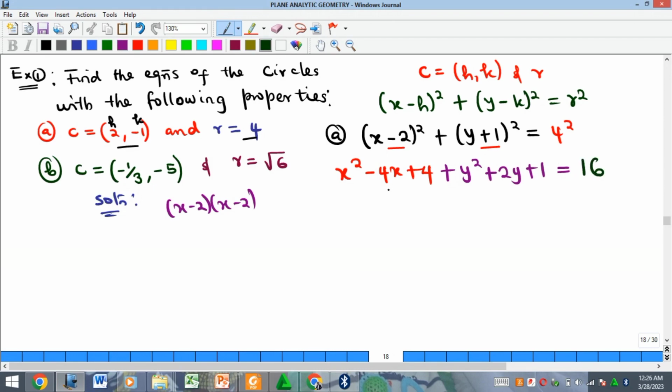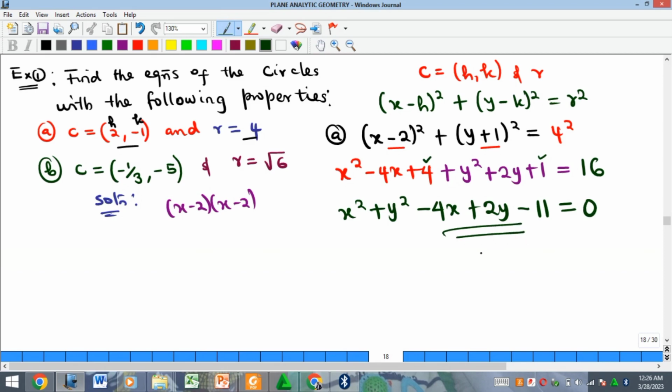So I'll collect everything together, and that's going to give us x squared plus y squared minus 4x plus 2y minus 11, which is equal to 0. So this is the required equation of the circle whose center is (2, -1) and radius is 4. So let's quickly look at the second one.